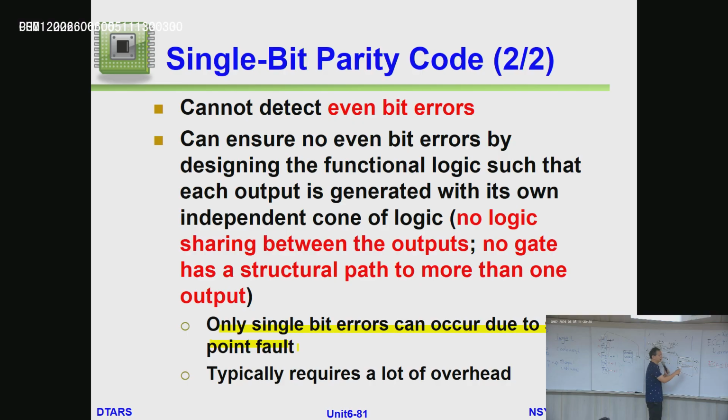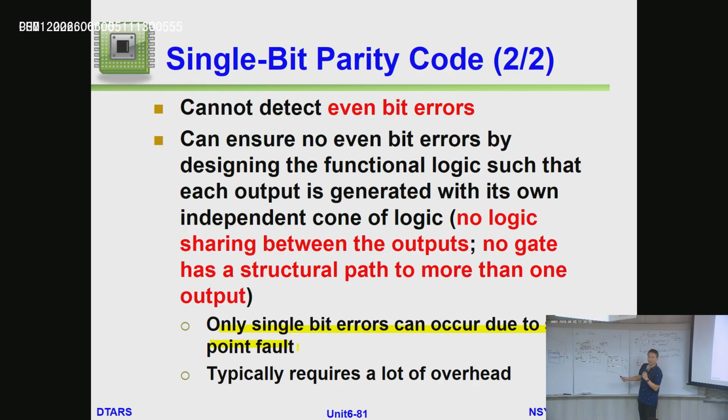These two cones will not have any overlap. If we have this structure, then we can make sure that any fault here only affects one output. So if we redesign our circuitry to have this property, then we can use this single bit parity check to check if there are any faults in your design. However, I need to tell you that you can think about how we can do that.